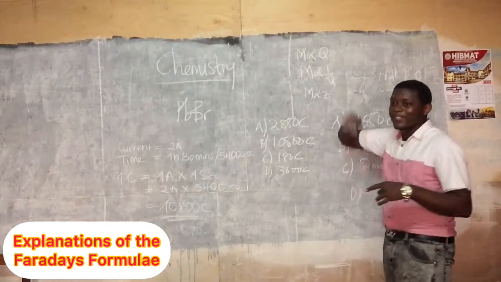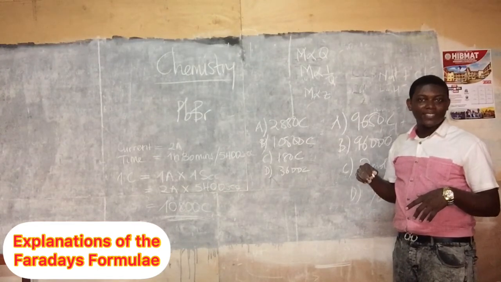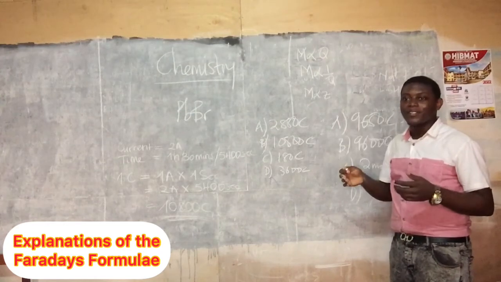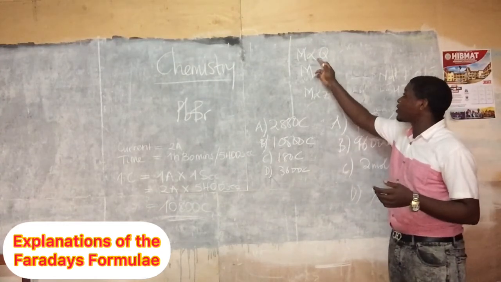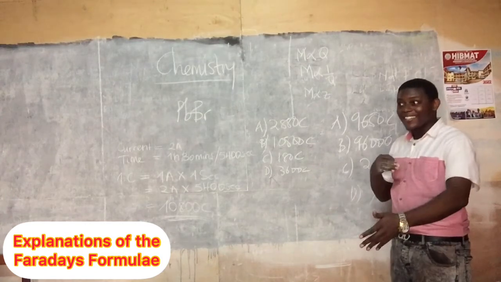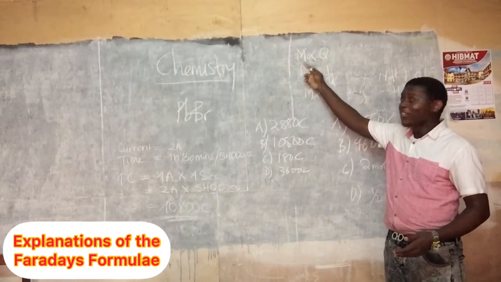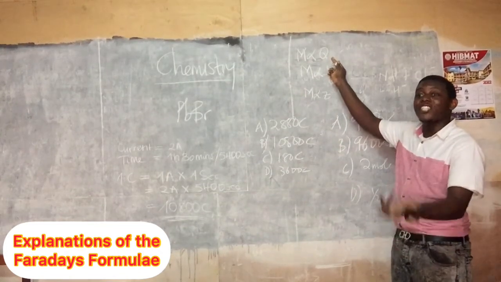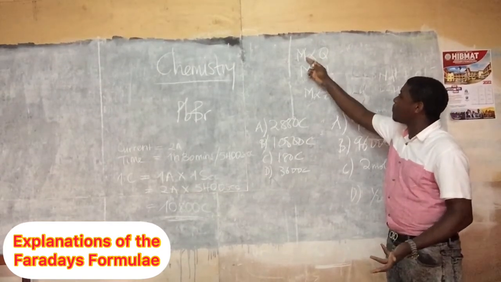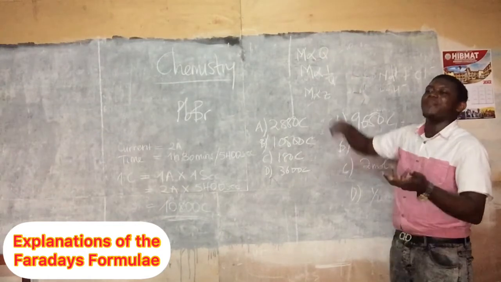Can we explain this mathematically? You see, it's the same law, but we are just putting it in mathematical form. What is the meaning of the proportionality sign? It means something goes according to something else. If M is proportional to Q, M stands for the mass and Q stands for the quantity of charge in coulombs.